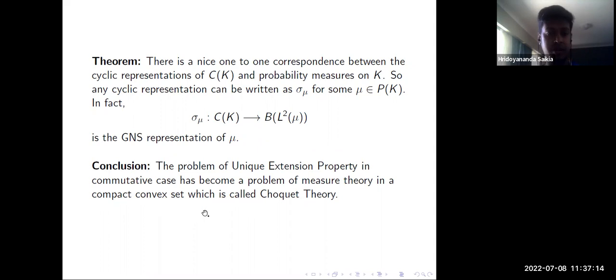This theory is called Choquet theory, classical Choquet theory. It deals with the convex set and the set of all probability measures on it.